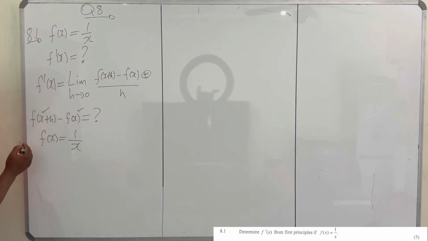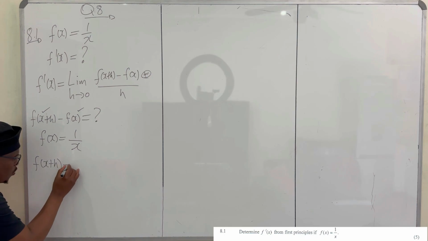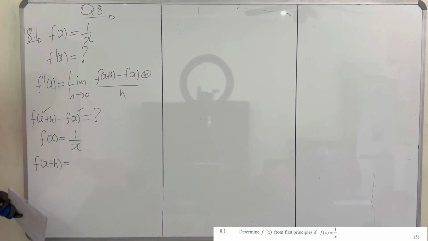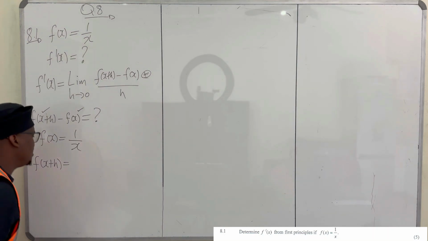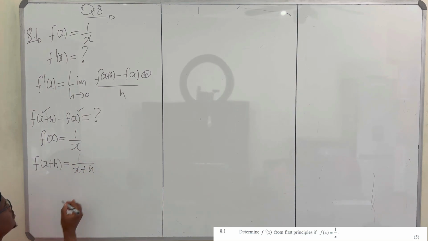What is f at x plus h? You need to substitute x plus h into the function f and see what you get. So f at x plus h is equal to 1 over x plus h.